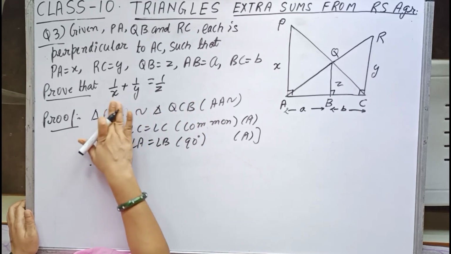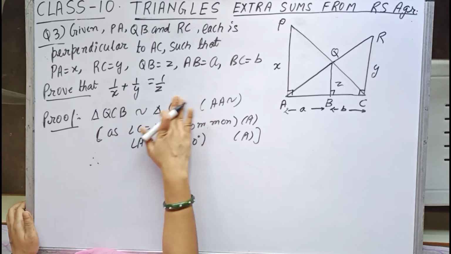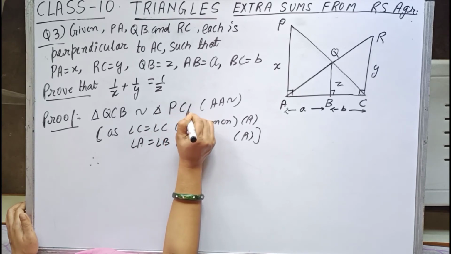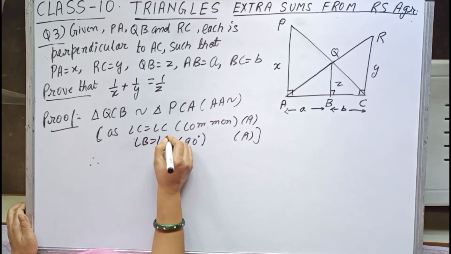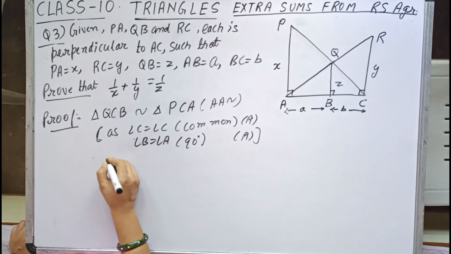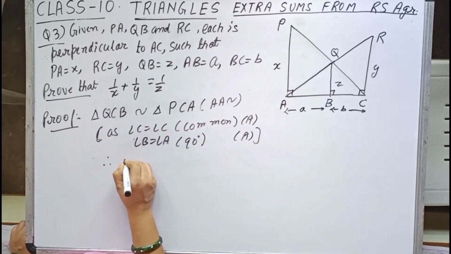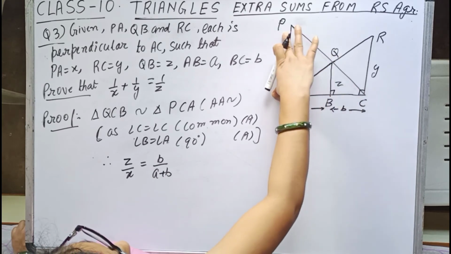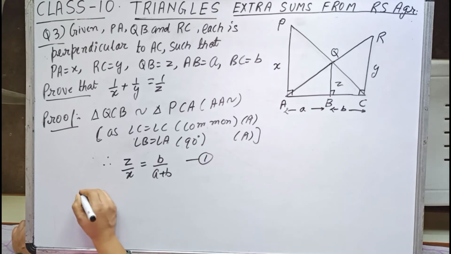So I am writing QCB over here, and PCA over here, with angle B equals to angle A. Therefore, we can write Z by X equals B by A plus B. Make it equation number 1.